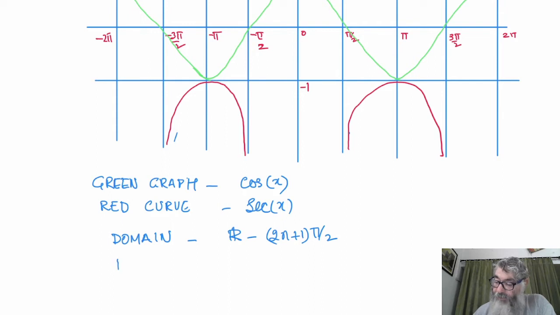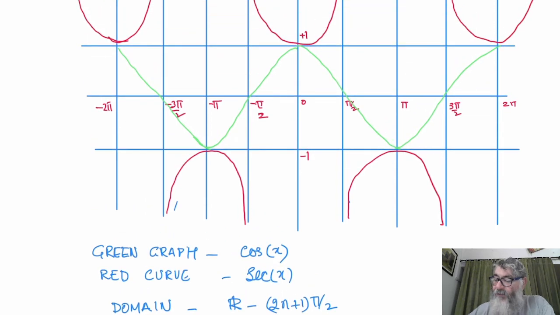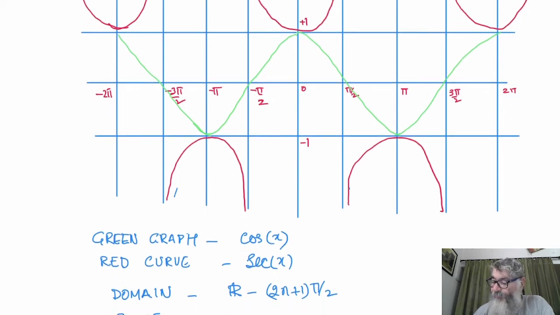What is the range? For range, we look at the y-axis. This portion between minus 1 and 1 is not there. So its range is minus infinity to minus 1 union 1 to infinity.